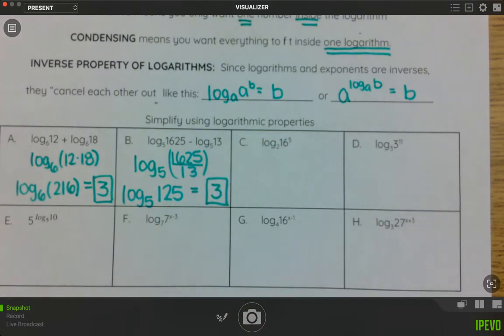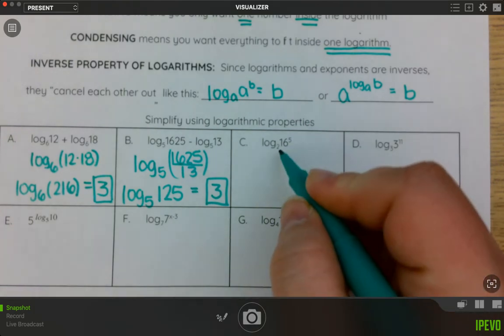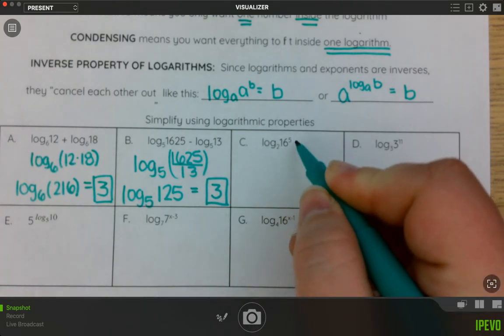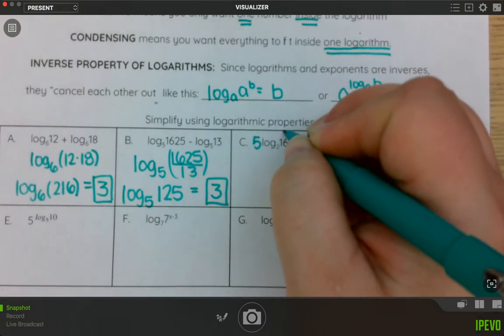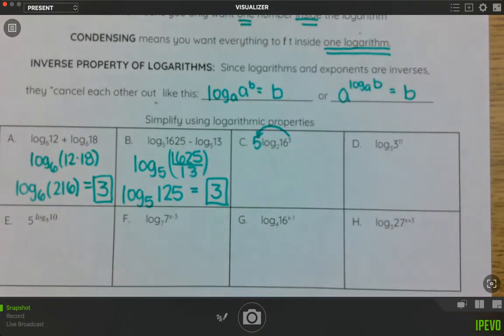Okay, so the whole idea here is that we're using these log properties. Look for a way that you can simplify what you're looking at. On part C, this is the one that typically freaks people out a little bit because there is a log with an exponent. That exponent can just go out here. And then it's not there anymore.